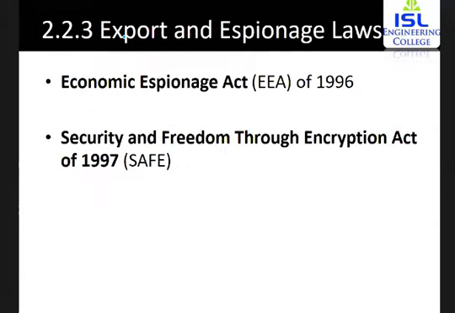The next one is Export and Espionage Laws. The first act is the Economic Espionage Act, that is the EEA. This is an attempt to protect American ingenuity, that is, any intellectual property needs to be protected.